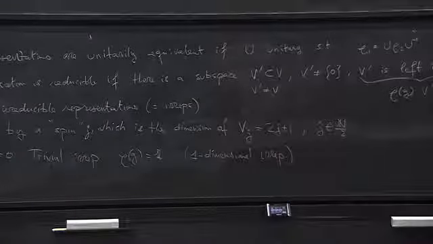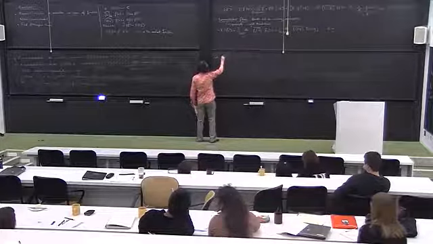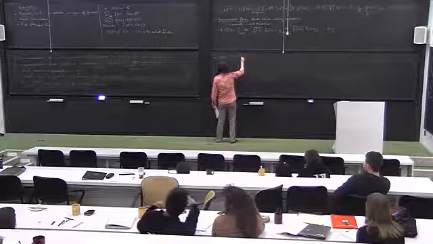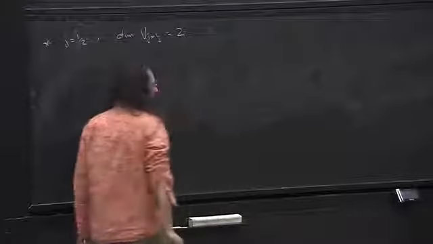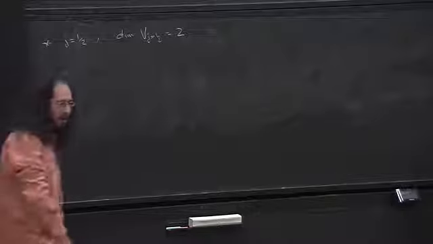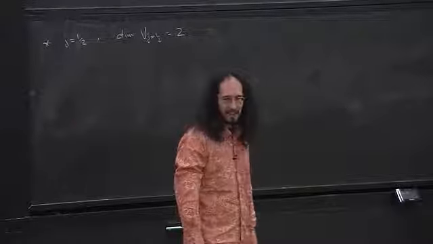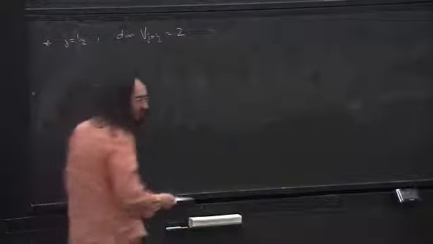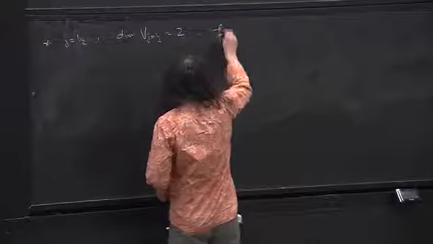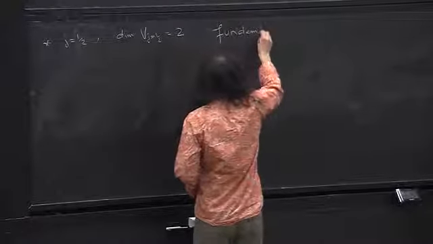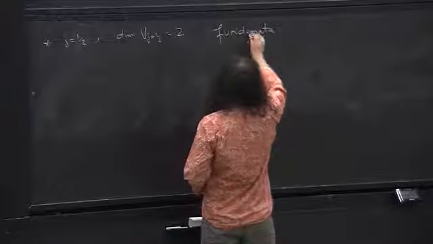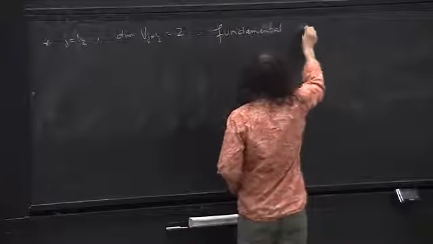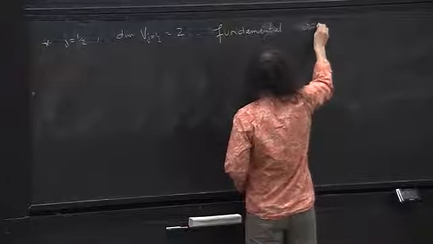Okay, so next example is j equals 1/2. So the dimension of V_j for j equals 1/2 is 2. So do you know a two-dimensional representation of SU(2)? I guess you do, because that's just SU(2) as 2x2 matrices. So it's called the fundamental representation.